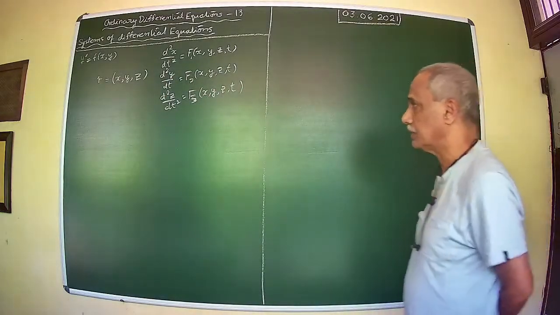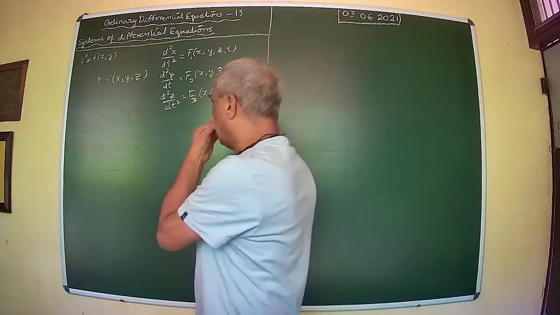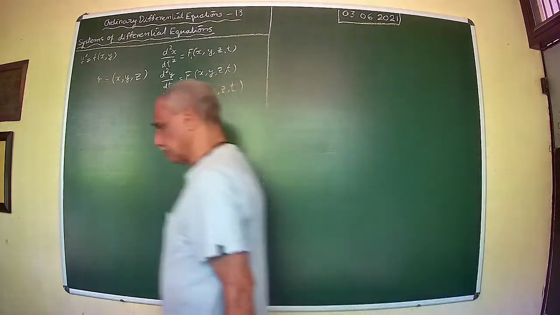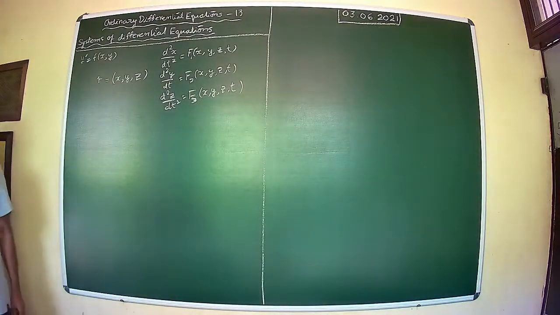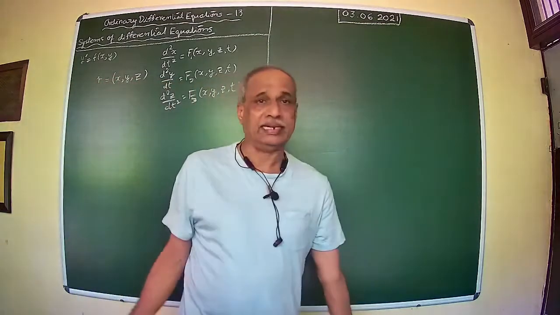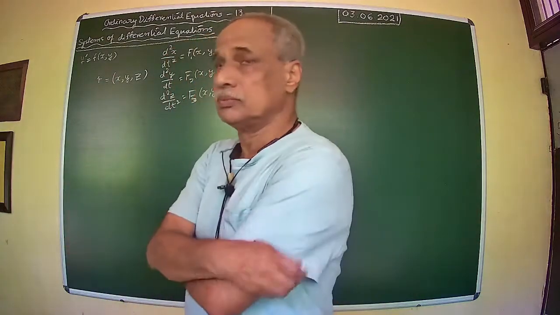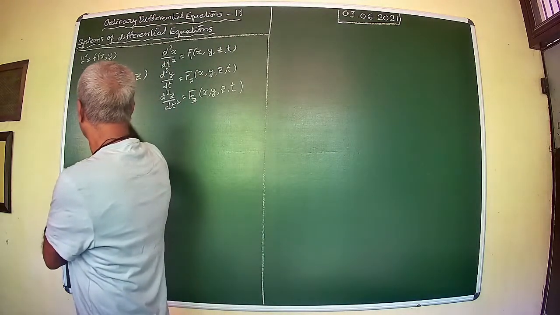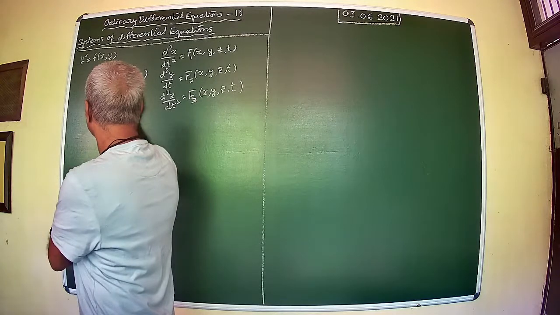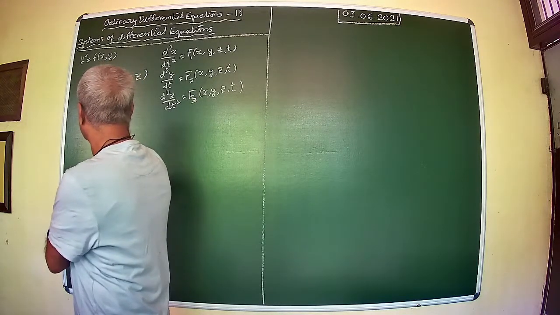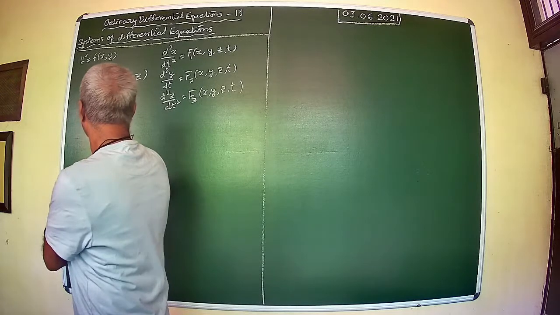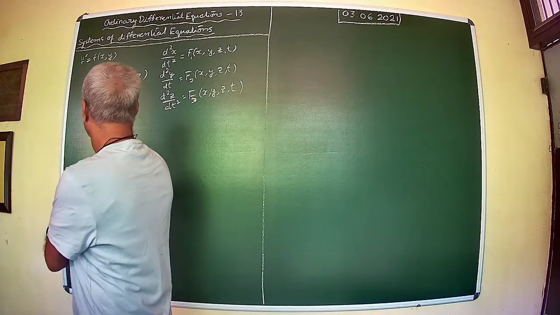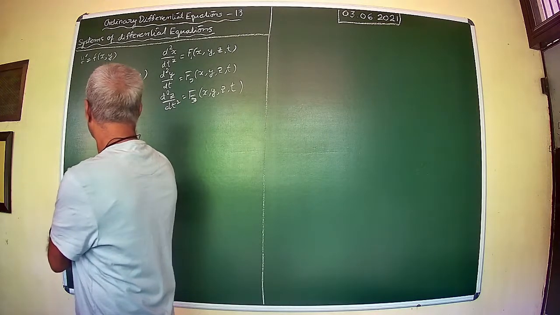And then we converted this into a system of first order equations by introducing some additional variables like the velocity. So essentially we introduce three more variables: u equal to dx by dt, v equal to dy by dt, w equal to dz by dt.